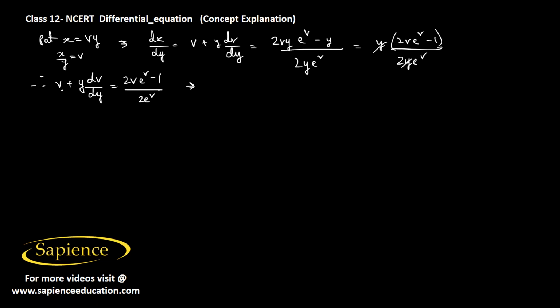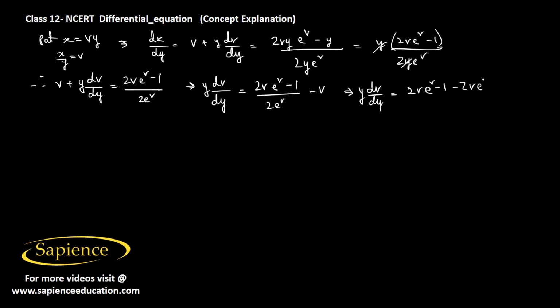Then we can take this v to the right hand side. Then we will get y dv by dy equal to 2v e power v minus 1 by 2 e power v minus v. Okay, so then we can take the LCM. So y dv by dy will be equal to 2v e power v minus 1 minus 2v e power v divided by 2 e power v. Then these two will get cancelled, and we will get 2 e power v dv, and here minus 1 is there, so this will be minus dy by y.